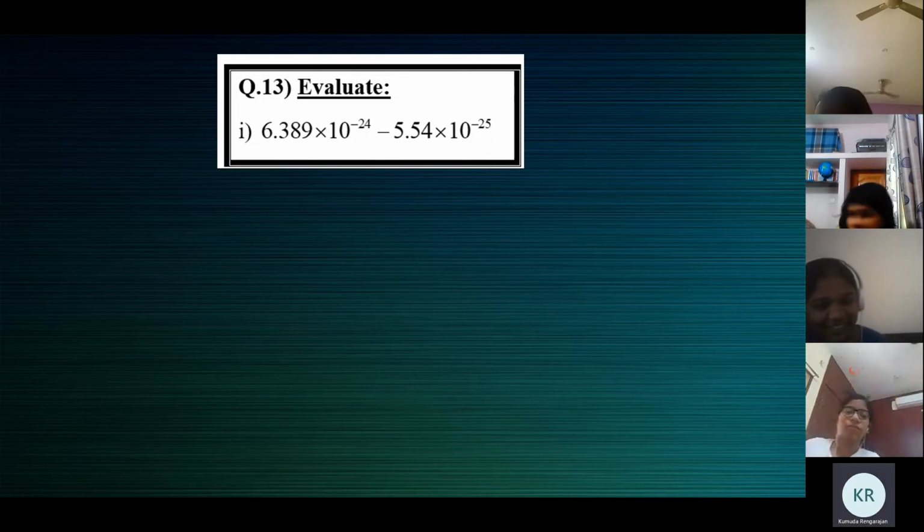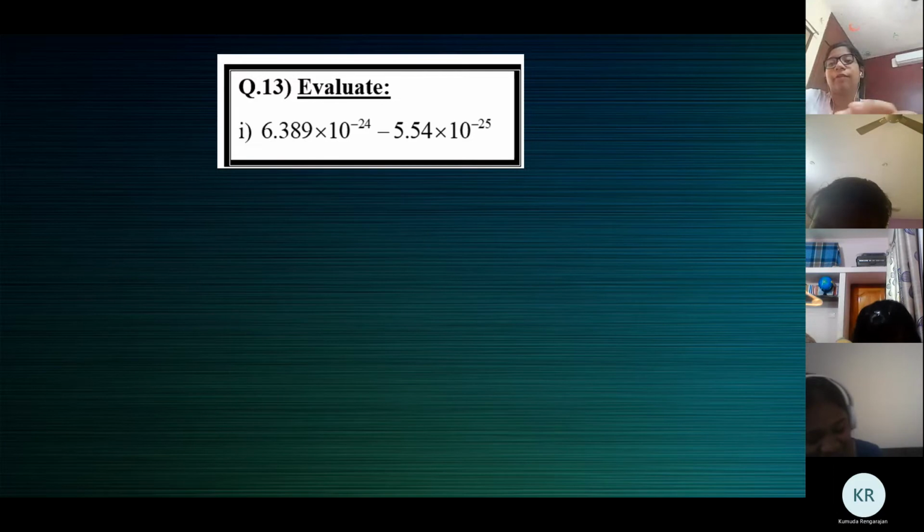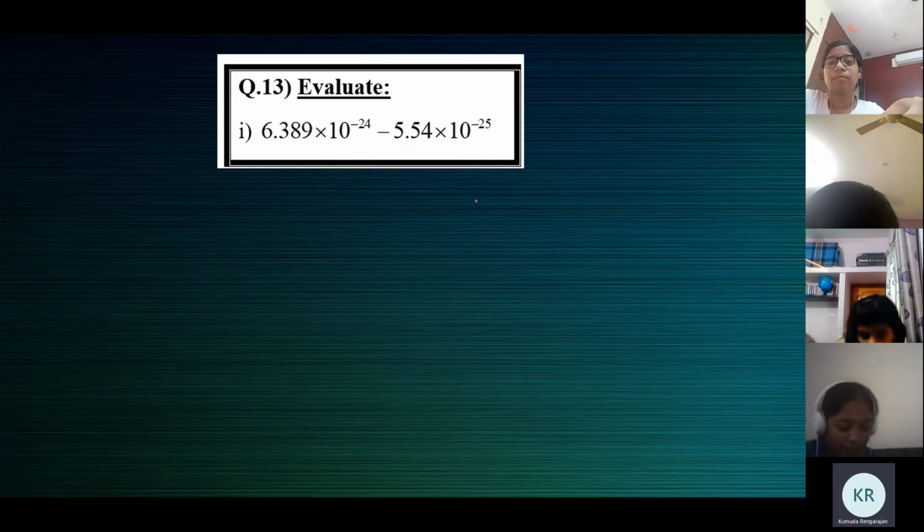Take down this question. We'll understand this and wind up the session for today. Is minus 5.54 into 10 to the power minus 25 another question? No, it's minus.